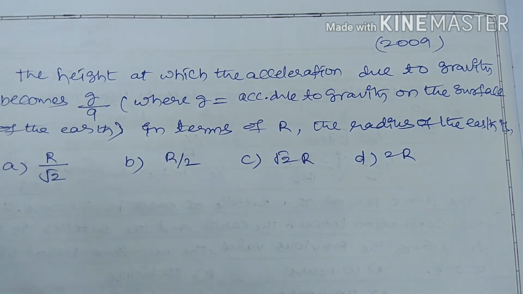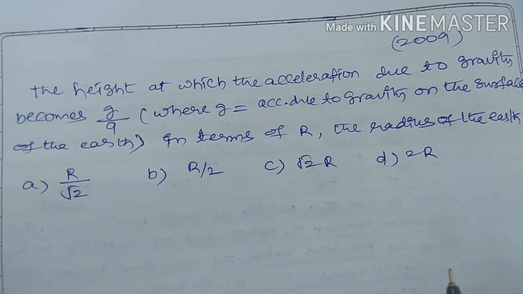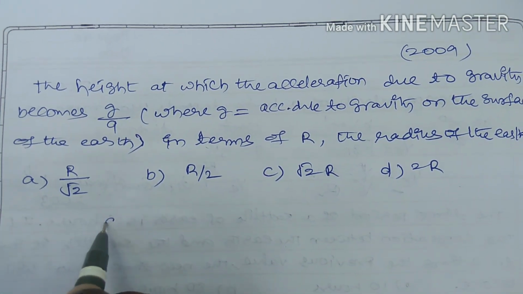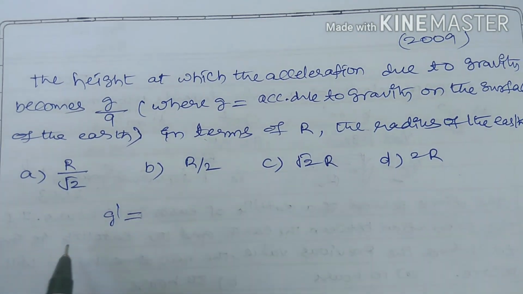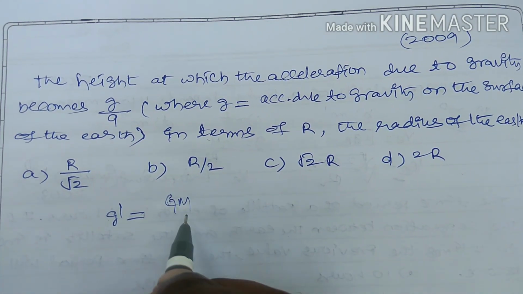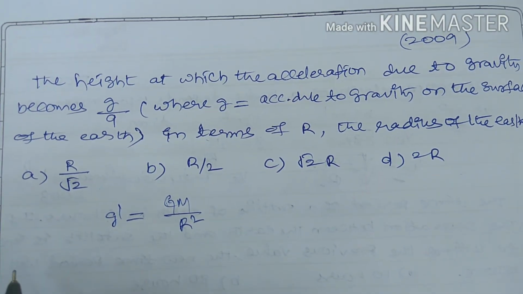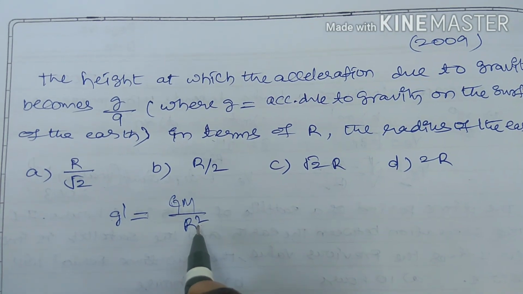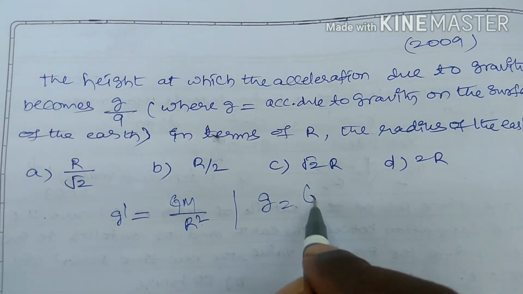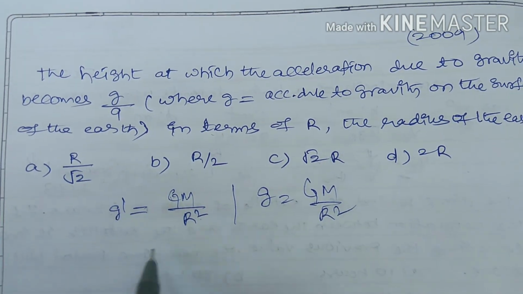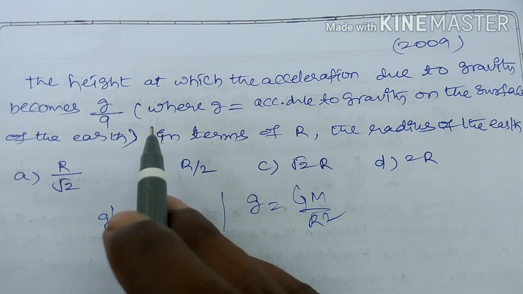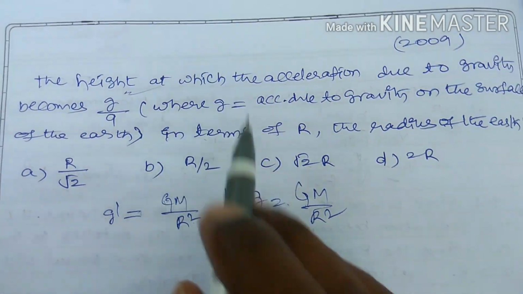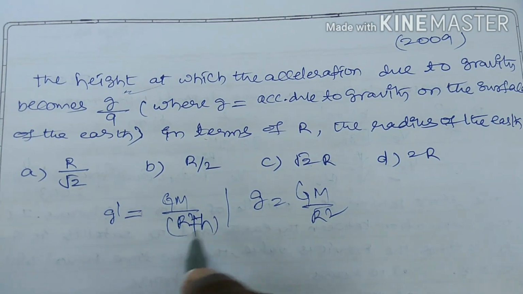So the acceleration at height, that is g dash, we can write as GM by R square. g is equal to GM by R square, and g dash at a height is GM by (R plus h) whole square.